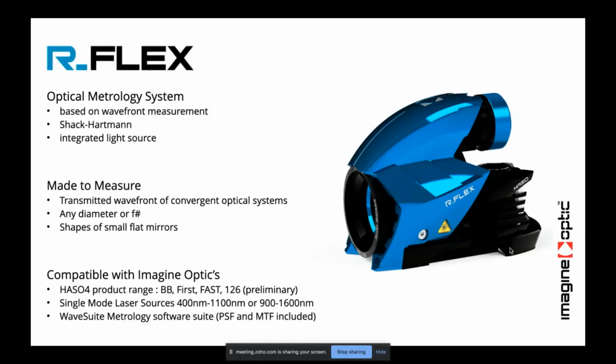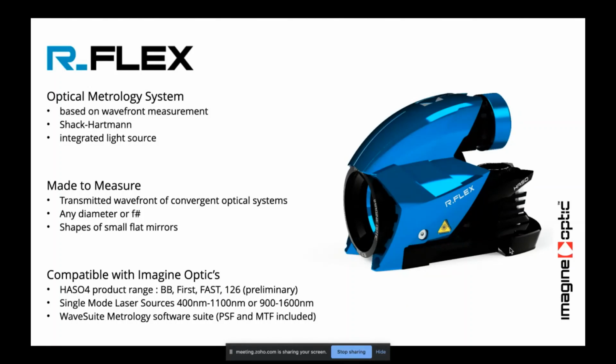It is basically made to measure transmitted wavefront of any kind of convergent optical system. What I mean by convergent optical system means that positive focal length. So it includes camera lenses, telescopes, microscope objectives, collimators, whatever, of any kind of diameter and F number.